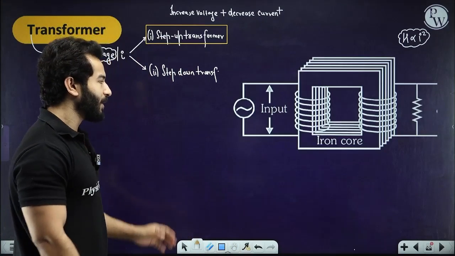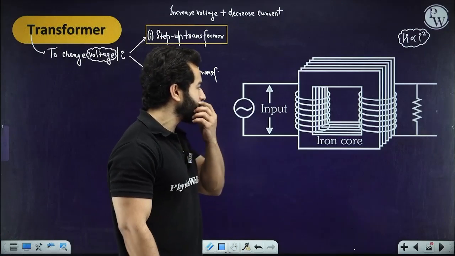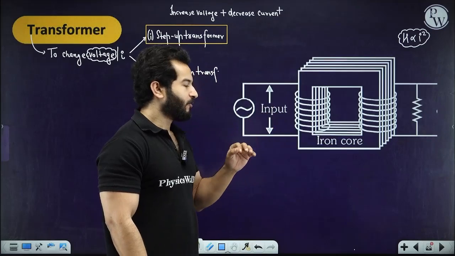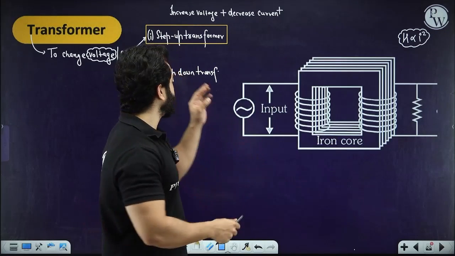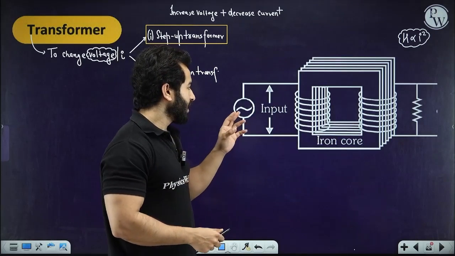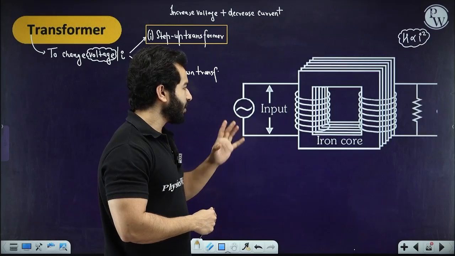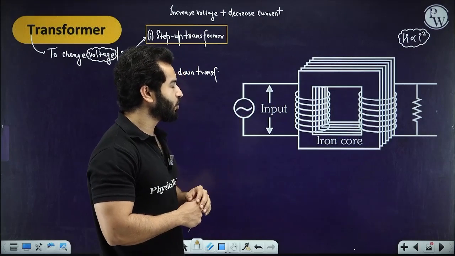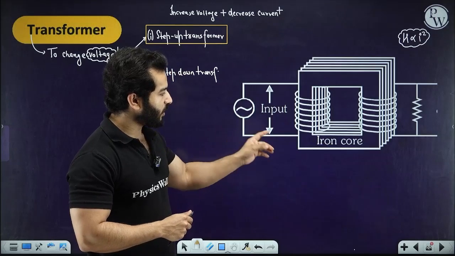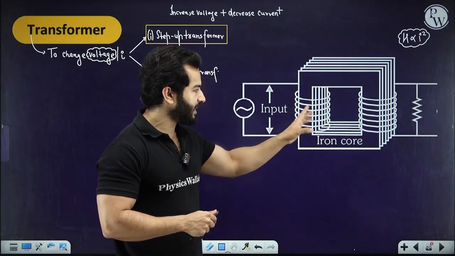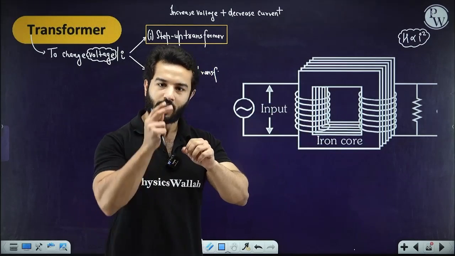But finally coming to this, we have understood why we use a transformer, and why we call them step up and step down. Let's suppose we have an AC current over here, right? What we are going to do is, first of all, we have a core over here. On this core, we have wound two coils.